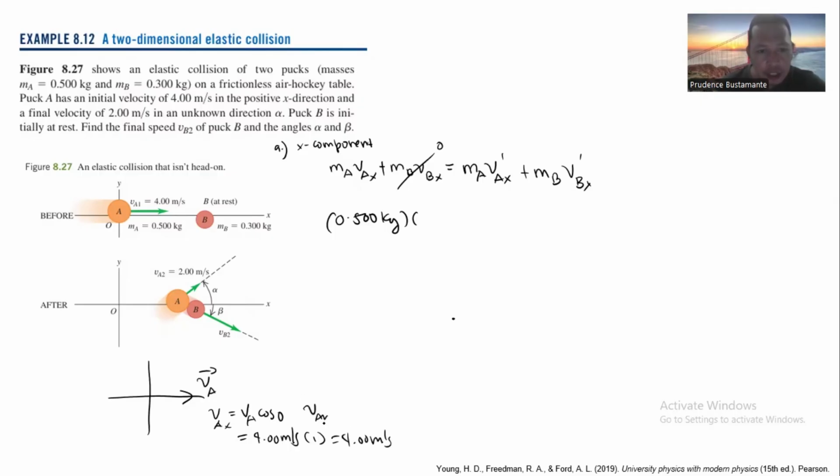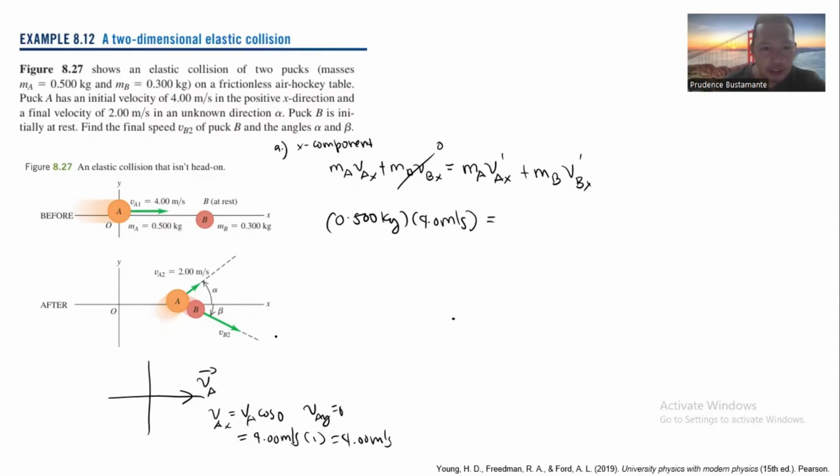Your VAY here is equal to 0. So we have 4.0 meters per second.